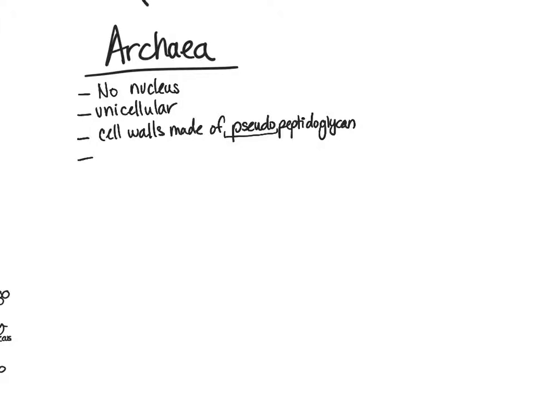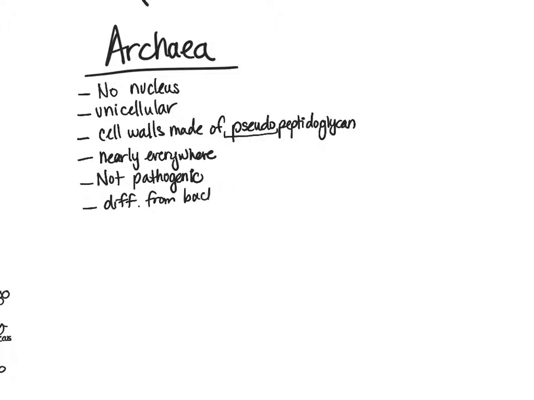Like bacteria, however, they're found nearly everywhere. However, unlike bacteria, they are not pathogenic. So we so far have not found a pathogenic archaea. They are also different from bacteria in their genetics.